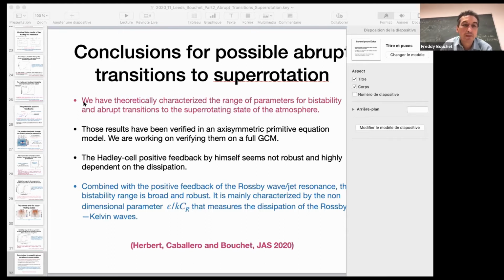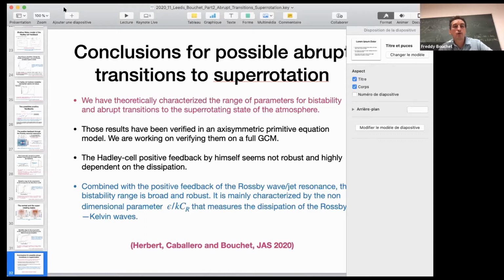Actually, in a two-layer model we have used deterministic forcing, and we also observe a similar bistability and similar transition between different numbers of jets.